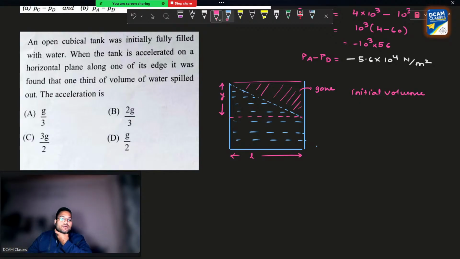Let's take it as a square. I'll assume it as a square, so the length L is also inside. It will be better.